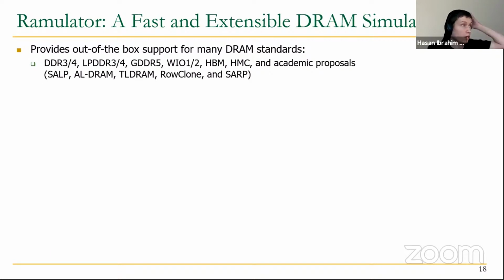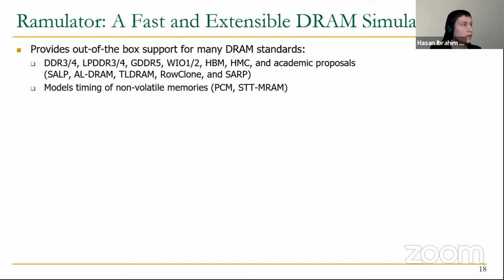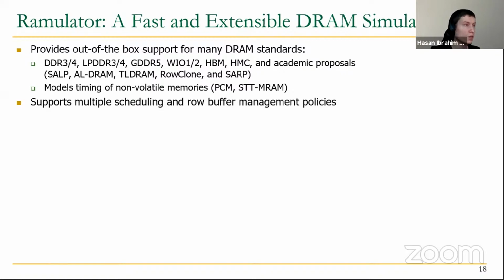Okay, so Ramulator provides out-of-the-box support for many DRAM standards. Here are some of them listed. It models the timing of non-volatile memories as well, like PCM and STT-MRAM. We can say those are emerging non-volatile memory technologies, although some of them are potentially used in existing products. Ramulator supports multiple scheduling and row buffer management policies.